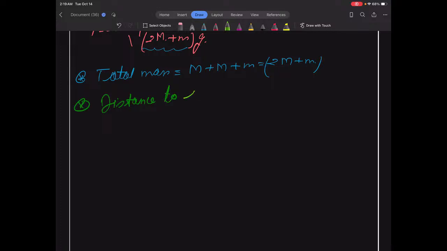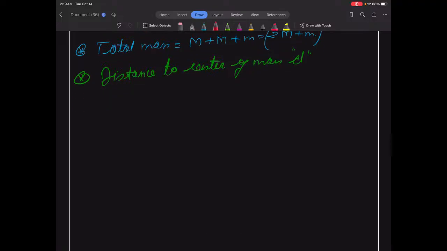Distance to center of mass, which is our d. We already know that this is our rod, upper disc, and in this case also we say that it is vertically downward.